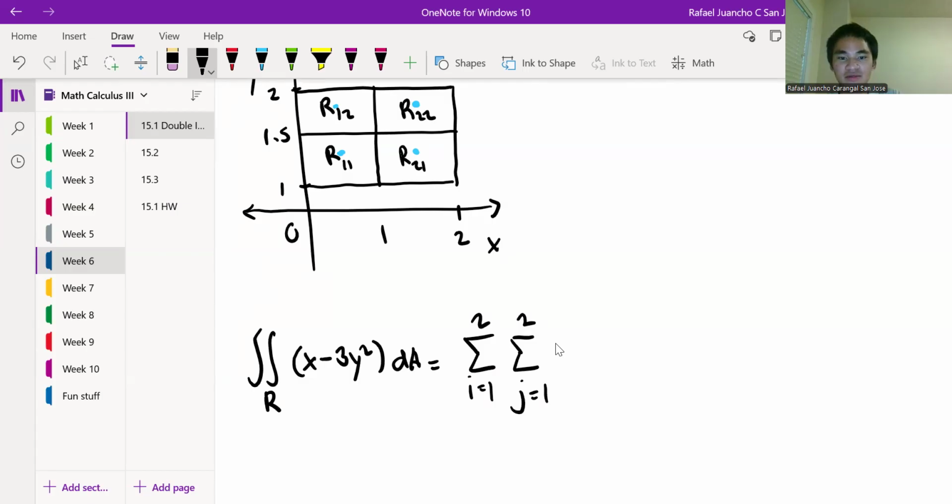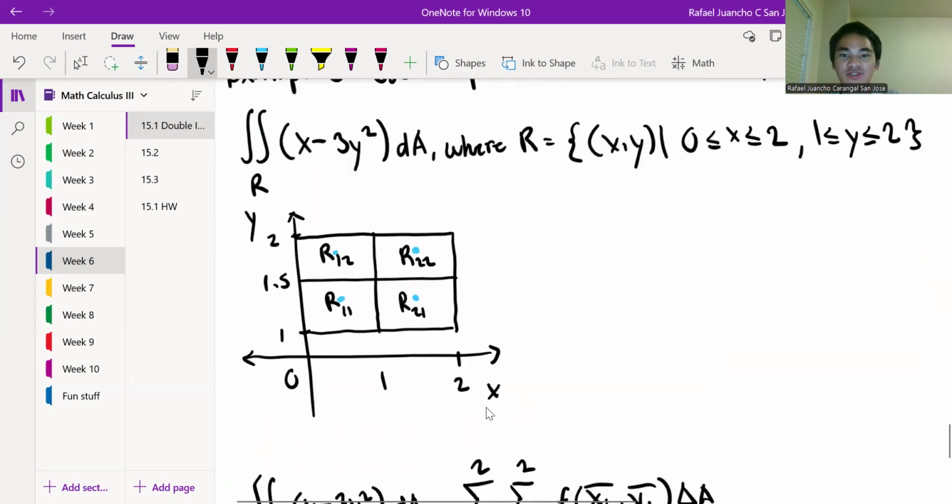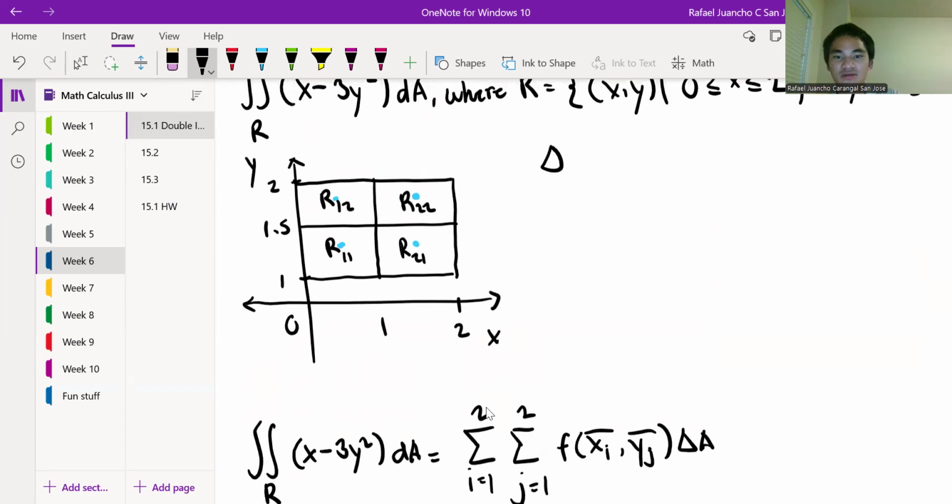My function, or in this case, it's actually my midpoint. I'm just going to make it a function: this function of two variables at the midpoint, and then my change in A.